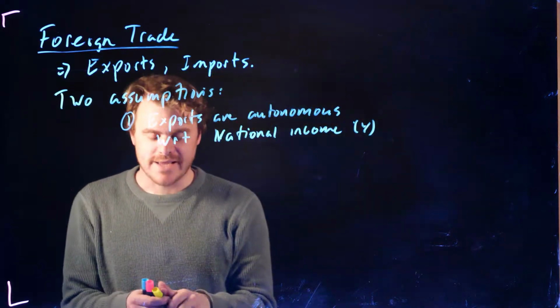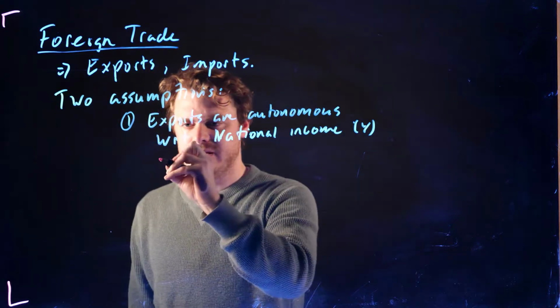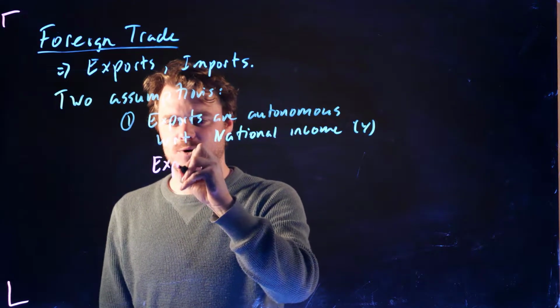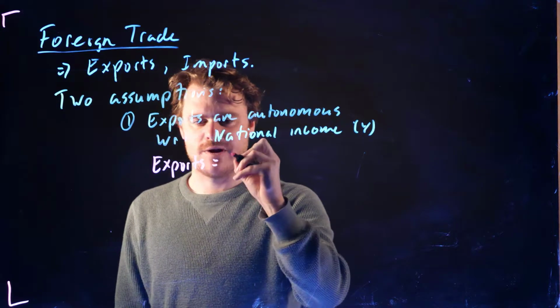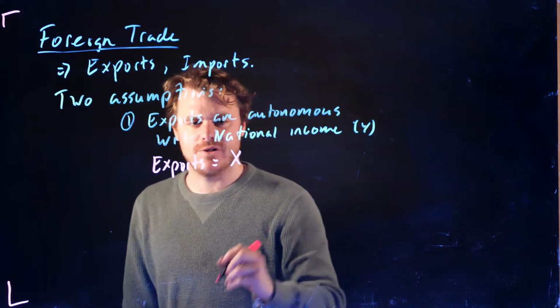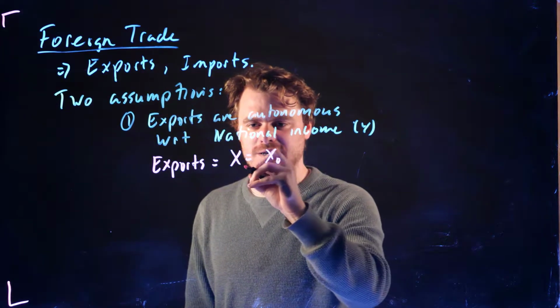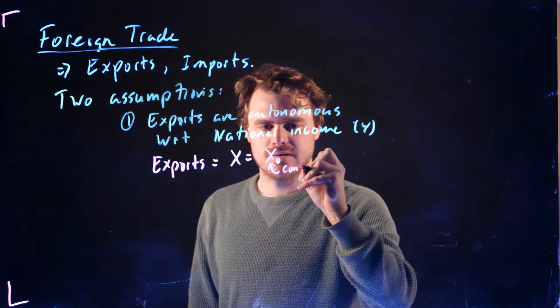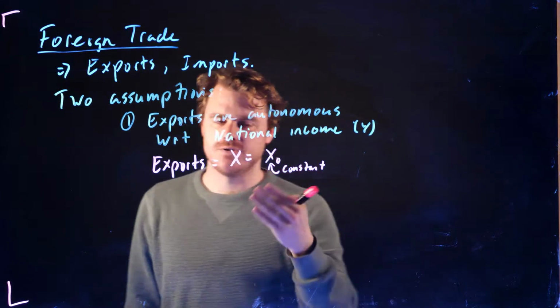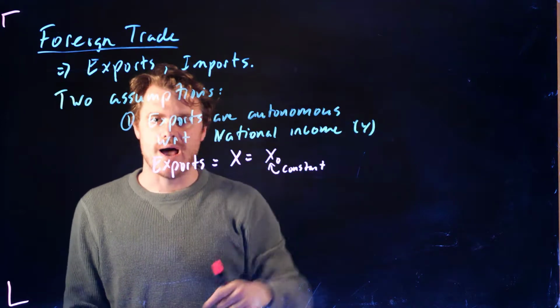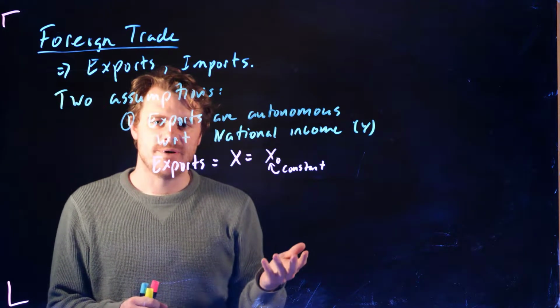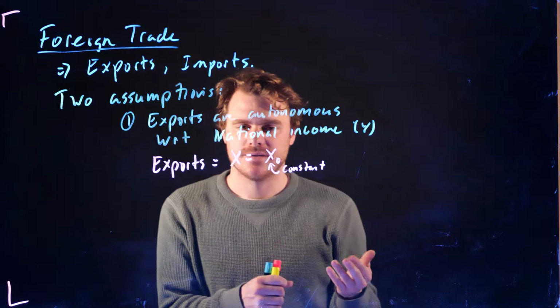Essentially what this means is we're going to represent exports with a capital X, and we're just assuming this is a constant. So it's a constant that doesn't rely on the level of Y. So it's autonomous with respect to Y.